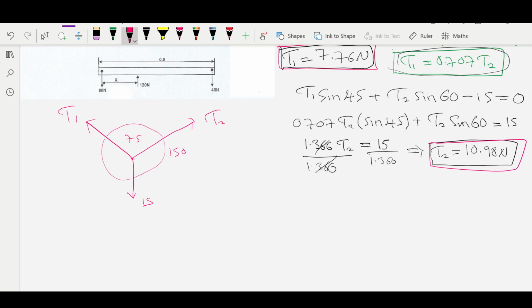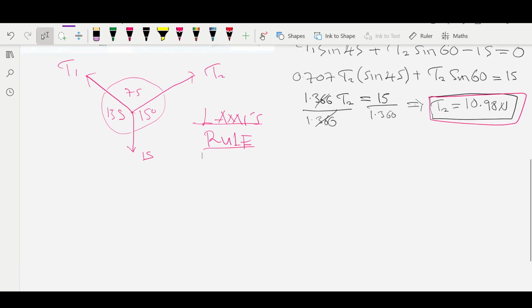So if we put these here, we have 75 and then 150 and 135. Okay, so according to Lami's rule, we can start with the weight force.